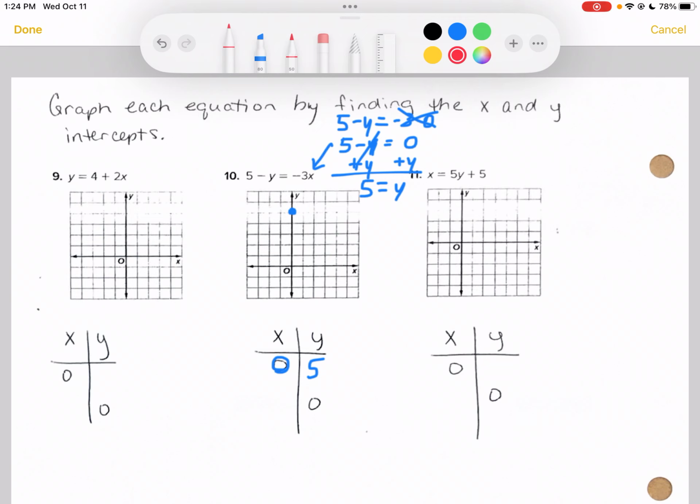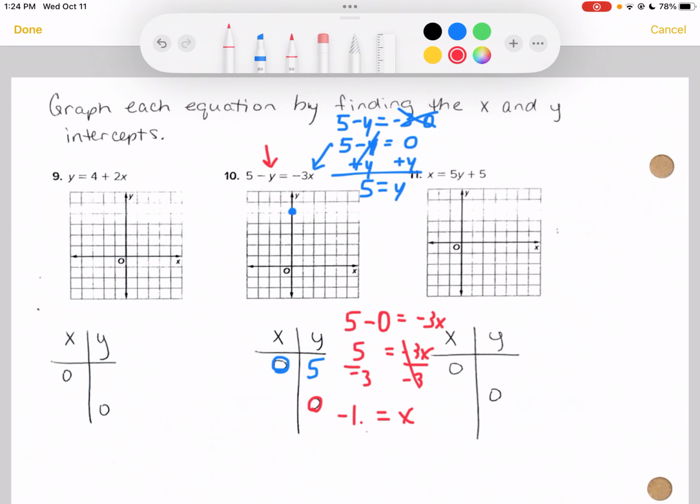Okay, flip side is that we plug 0 in for y. So I'm taking it and plugging it in there. So I'm going to go 5 minus 0 equals negative 3x. That turns into just 5. And then divide by negative 3. And we're going to get a decimal.